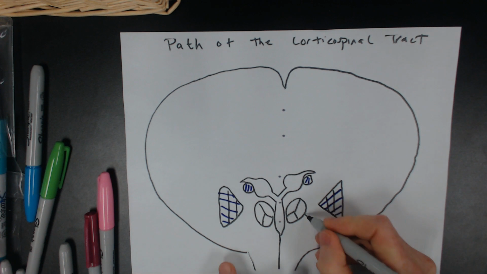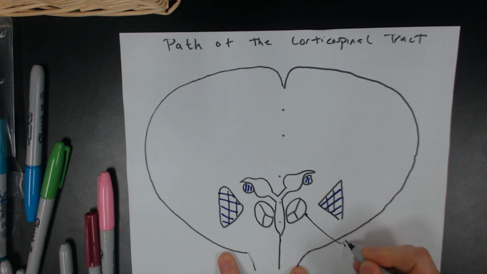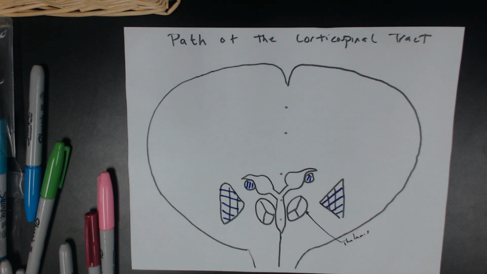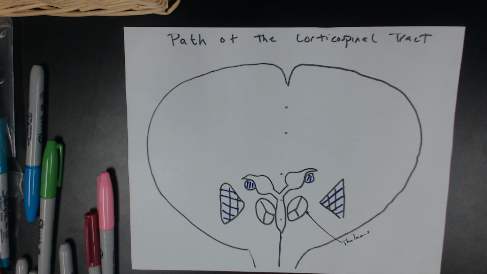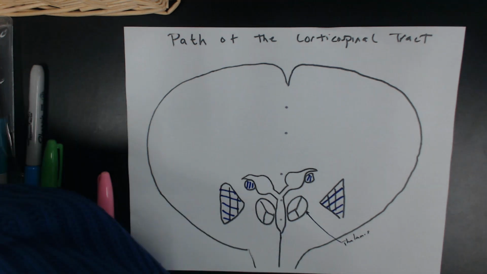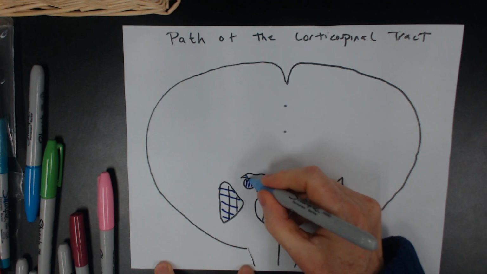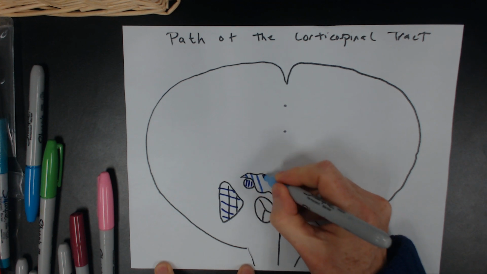This structure here is going to be my thalamus. Okay, so far, nothing new. Looking at other things, we also have these. What are these things here?